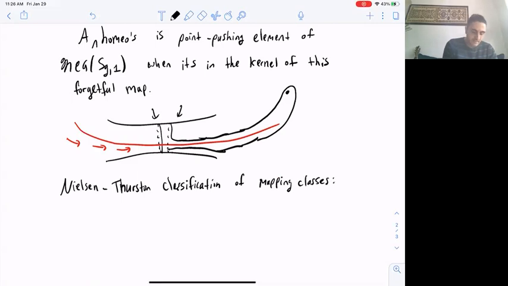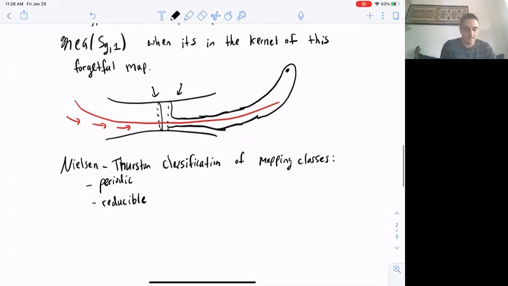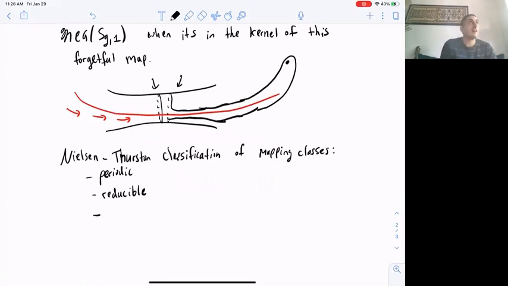I'm not going to be very careful here. You have three types. You have finite order ones. You have maps that are not finite order, but everything interesting that they're doing is happening on a proper subsurface. And then you have the most interesting case, the pseudo-Anosovs. The idea is that they really mix up the surface in every possible way. They have very interesting dynamics.